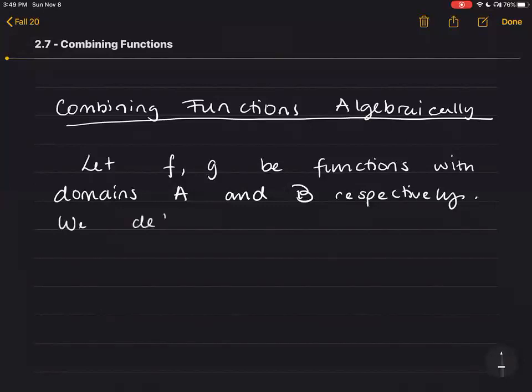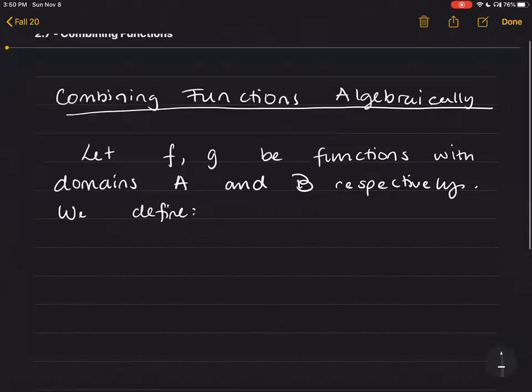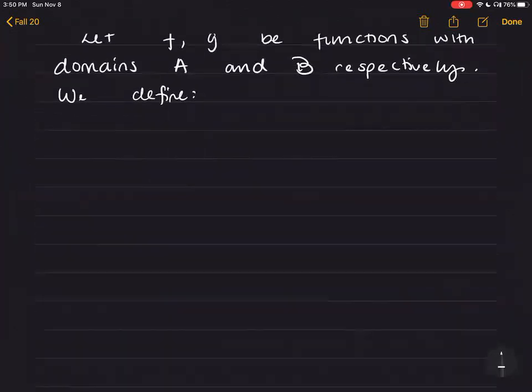We define the following function combinations. So f plus g of x is going to be just f of x plus g of x. All right, we'll see examples of these here in just a minute.